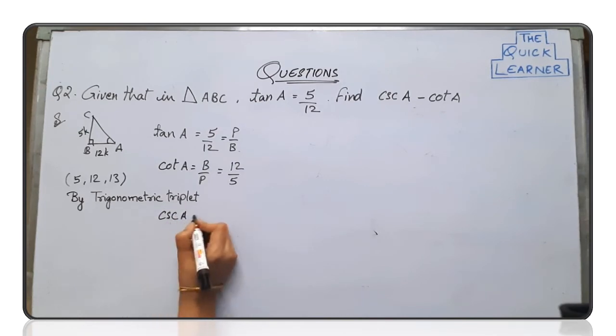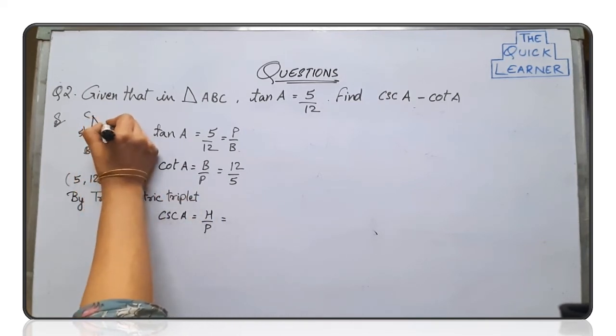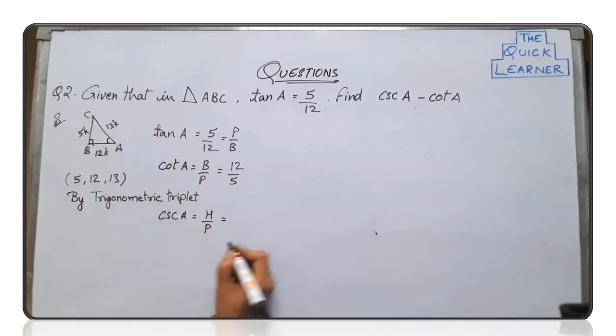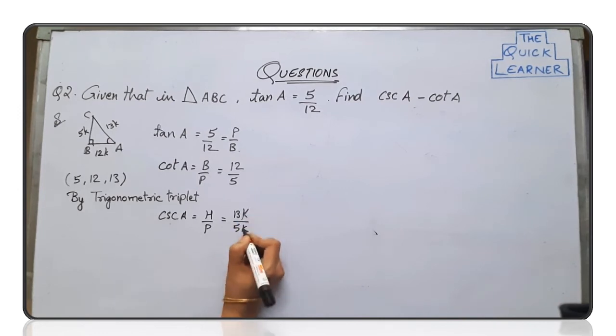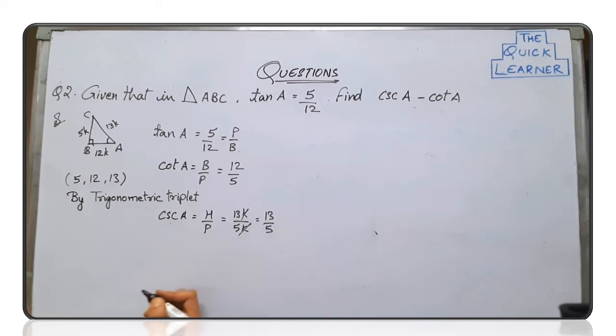Cosecant A is equal to hypotenuse by perpendicular. What is hypotenuse now? It is 13k, right? So 13k by what is the perpendicular? 5k. K gets cancelled. It is 13 by 5, right?